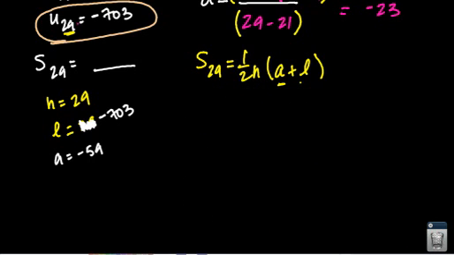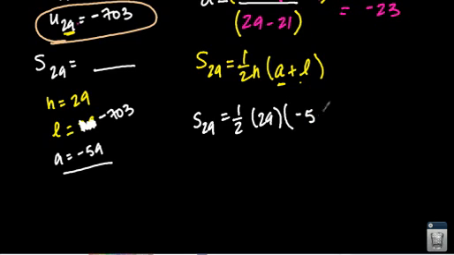So I'm going to substitute in 29 for n, because that's how many terms I have in this sequence. I just found that my first term has a value of negative 59, and I'm going to add my last term's value to that. So plus negative 703 is the same thing as saying minus 703.